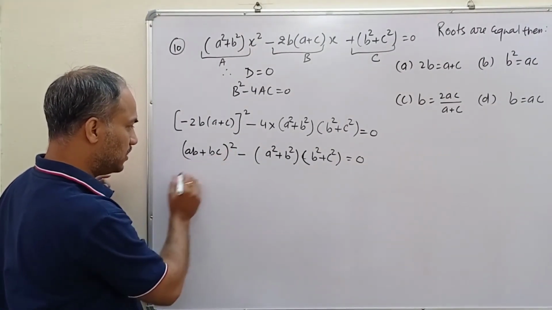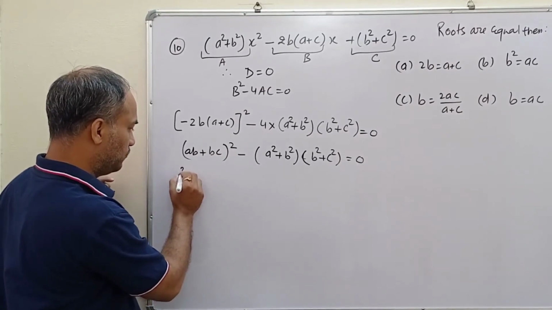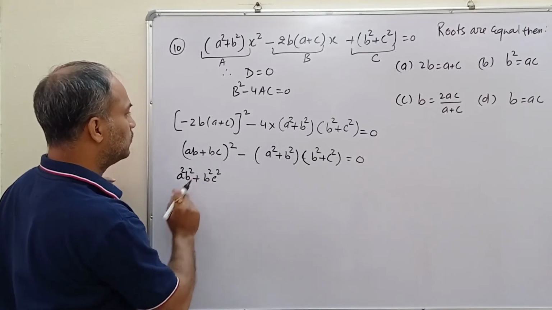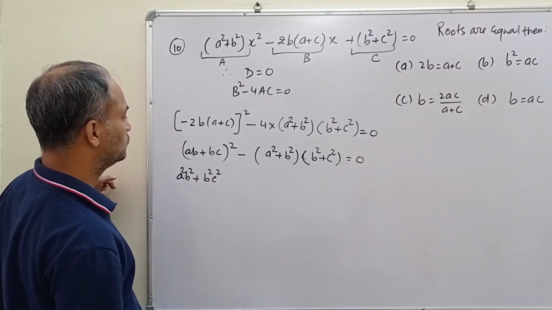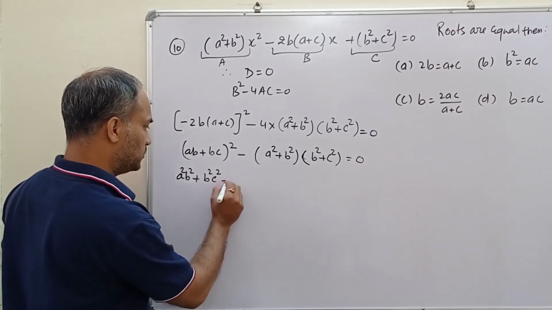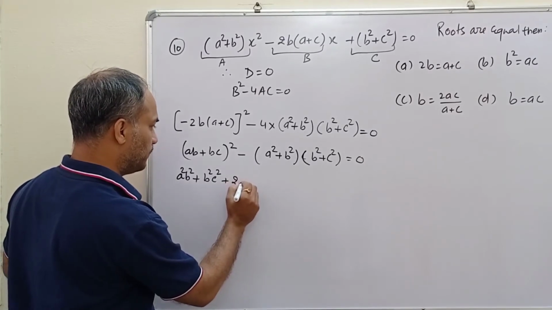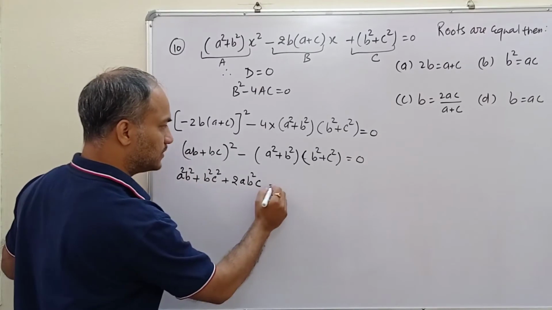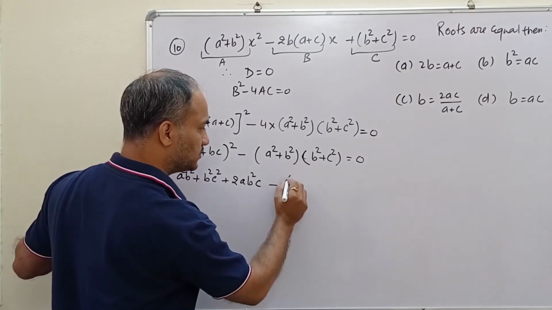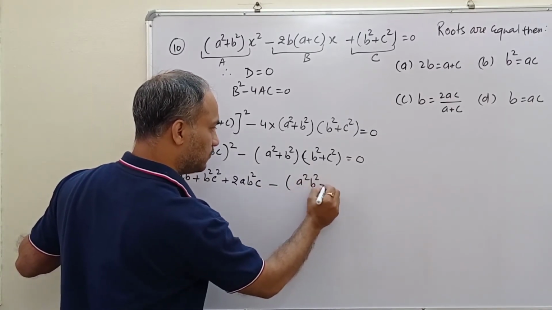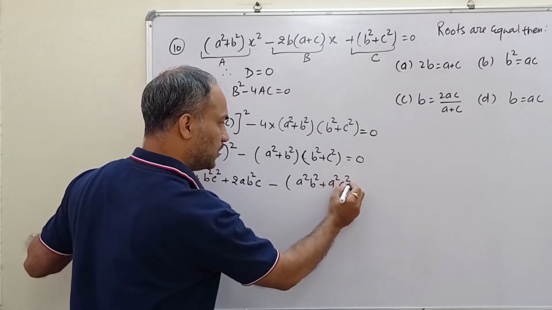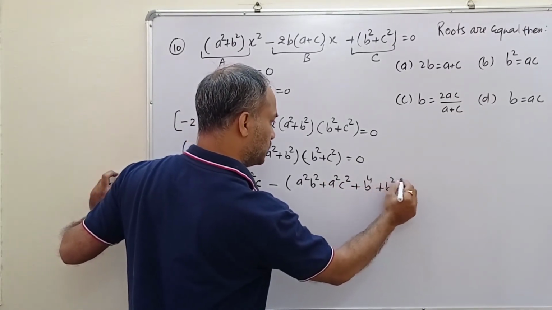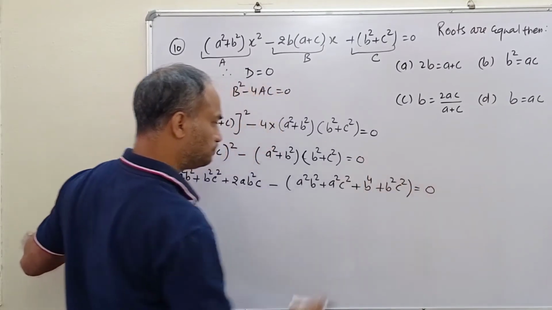Now (a plus b) whole square we are applying. Plus 2ab square c. Okay, minus, when we open this we get a square b square plus a square c square plus b to the power 4 plus b square c square, this equal to 0.